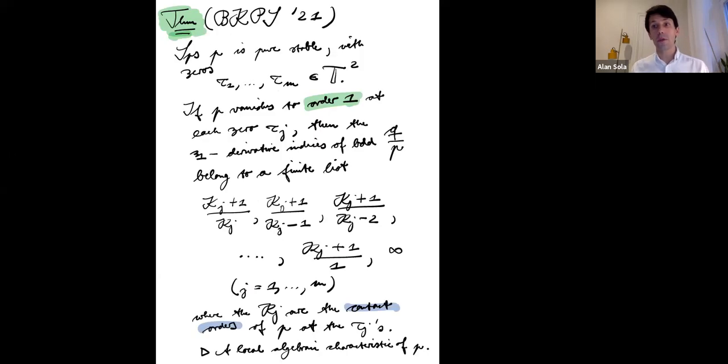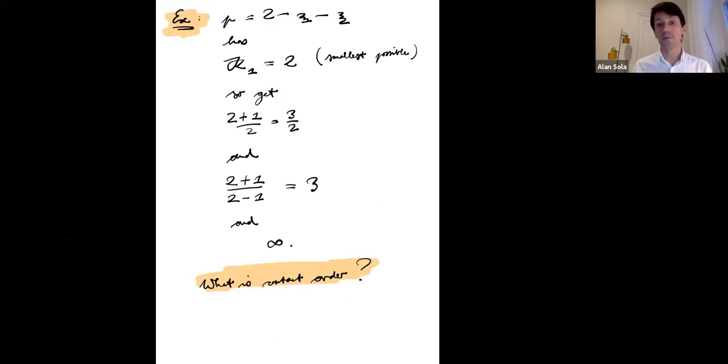The next one is going to be 2 plus 1 divided by 2 minus 1, so that's 3, that checks out. And the last one is going to be infinity, which is also included. So given that I've told you what k is in this case, and what this list is, the numerology checks out, but let's have a look at what contact order actually is.